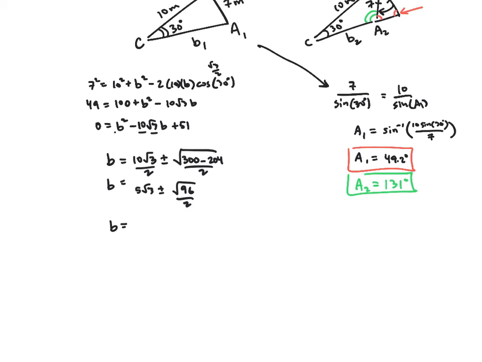So I could pull out the 16 times 6 over 2. As I bring that 16 out, since it's a perfect square, the square root of 16 is 4, and 4 divided by 2 is 2. So B equals 5 root 3 plus or minus 2 root 6.